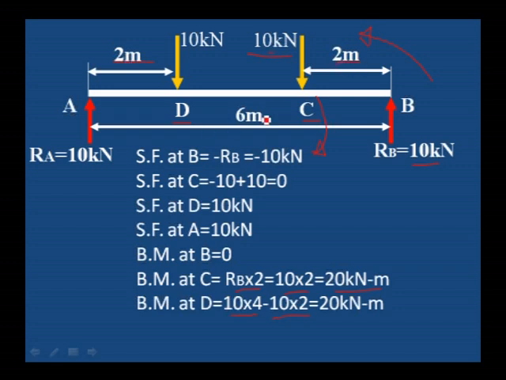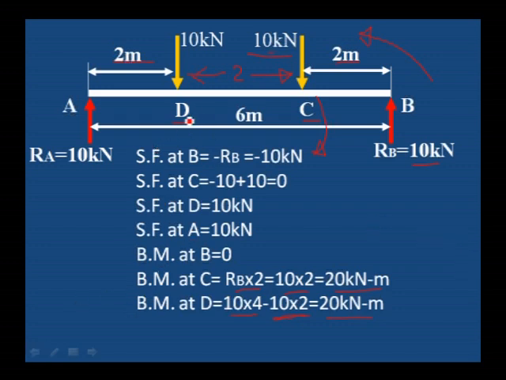If we subtract from 6 meter, we get the distance between D and C as 2 meter. Therefore, 10 into 4 minus 10 into 2 gives 20 kilonewton meter bending moment at D.